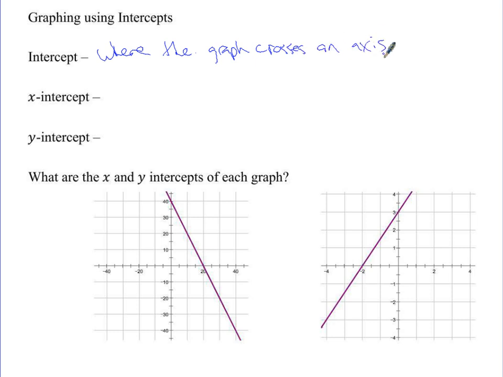It could be either the x or the y-axis. So therefore, the x-intercept is where the graph crosses the x-axis. And the y-intercept is the same definition, where the graph crosses the y-axis this time.